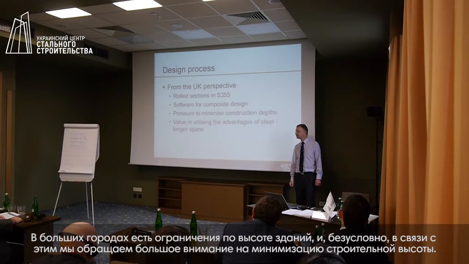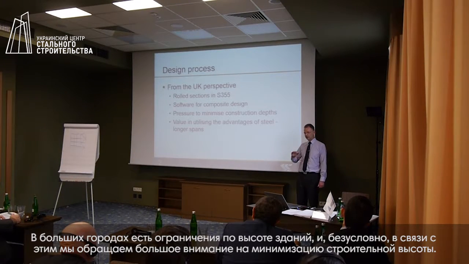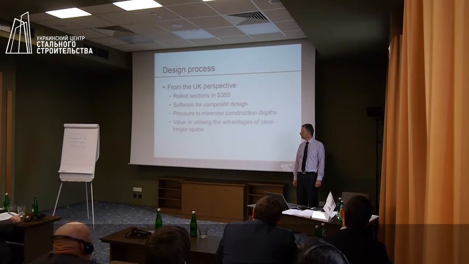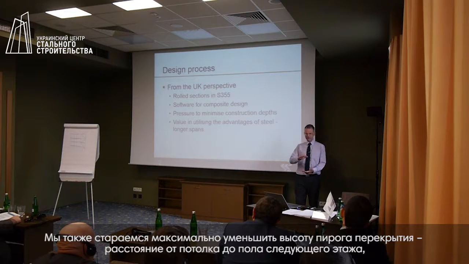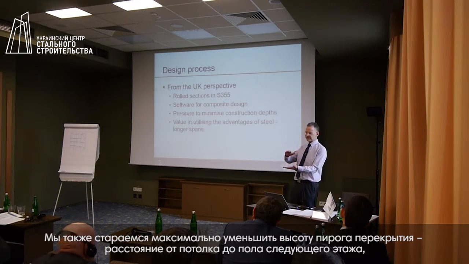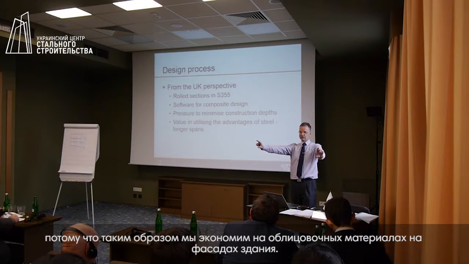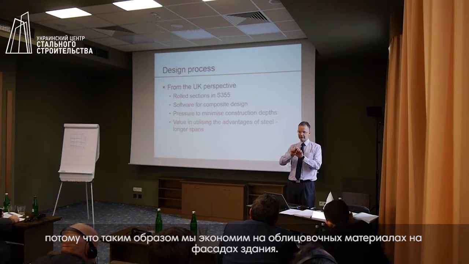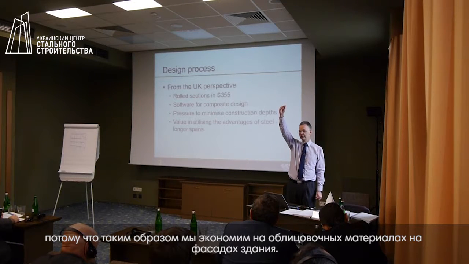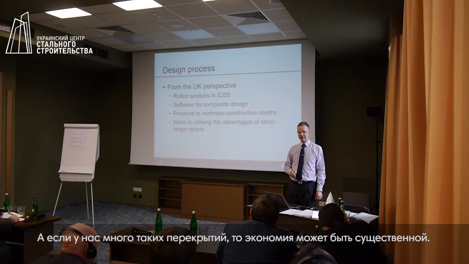Certainly in the big cities, there will be a height restriction on the overall height of buildings. So to minimise the overall height of buildings would be a very strong driver in the UK. We would also like to minimise the height of the construction depth, so from the ceiling to the carpet, because then if we save some cladding all around the building at a number of floors, then that can be a considerable saving.